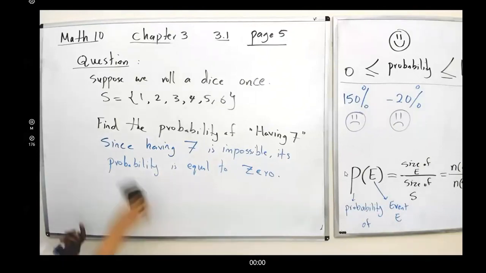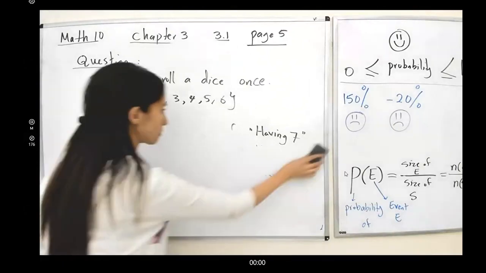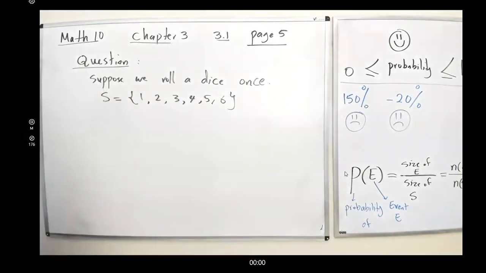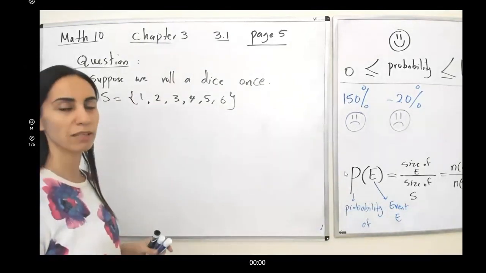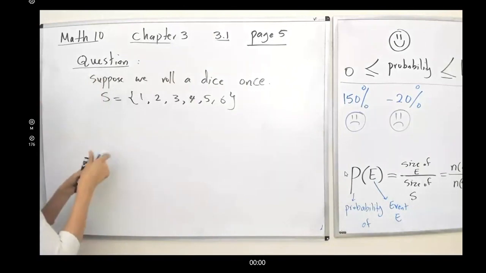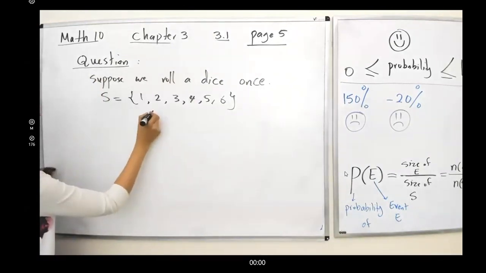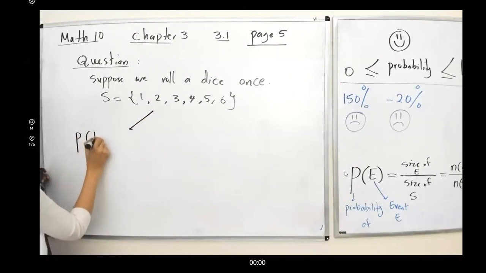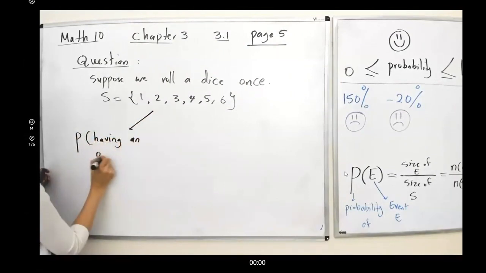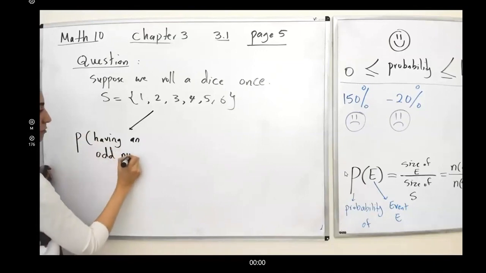So another question for you. Suppose I ask you to find the probability of the following events. Find the probability of having an odd number.